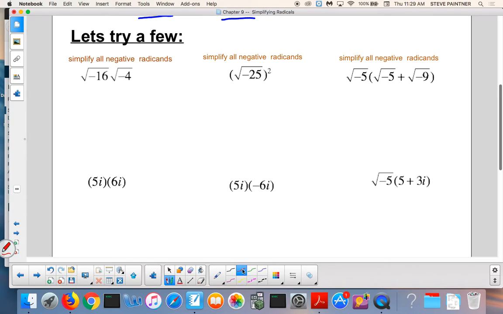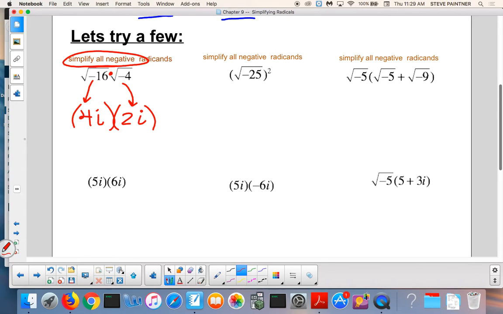Here we go. Simplify your negative radicals. Who knows the square root of negative 16? 4i. Who knows the square root of negative 4? 2i. What are we doing to these two numbers? Multiply. Put grouping symbols. It makes more sense to me. What's a 4i times a 2i? 8i squared.